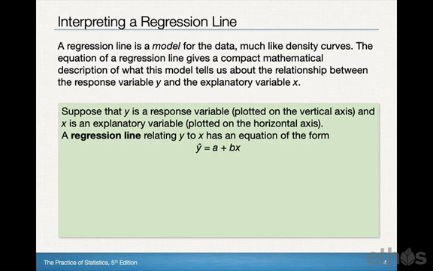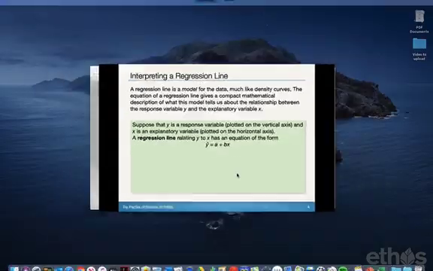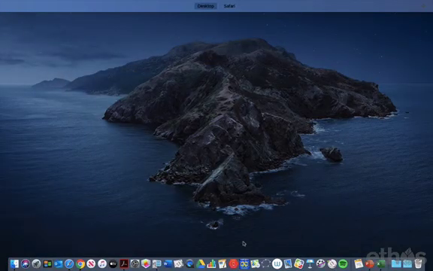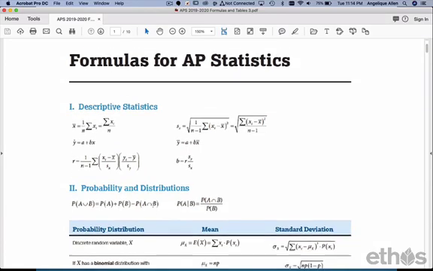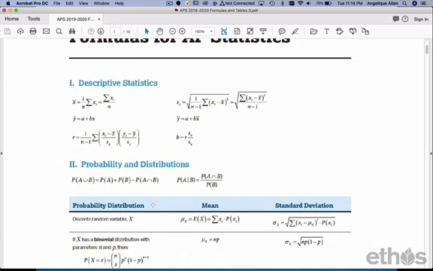So this is a little formula that is included in the formulas. Let me pull that up here. I want you to take a peek at the formula sheet that you're allowed to use for this unit test and for the AP exam, and take note what's on it.